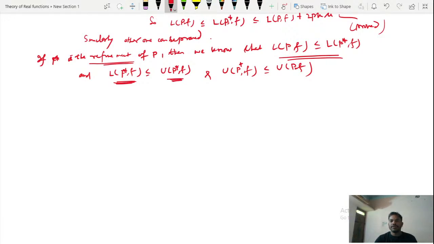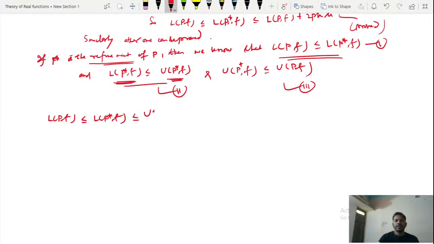So if we combine all these things, this is the first one, this is the second one, this is the third one. Together we get LPF less than L P star f, less than UP star f, less than UPF. These are 1, 2, 3, 4.